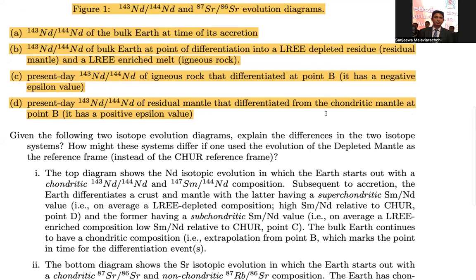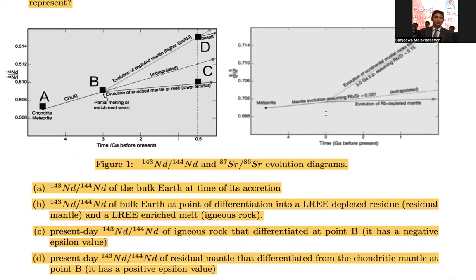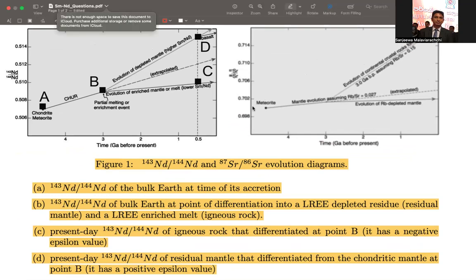So we have the neodymium isotope diagram and the strontium isotope diagram against time. So you are asked to explain the differences of these two diagrams, right? So what are the differences that you can expect, that you can find there?